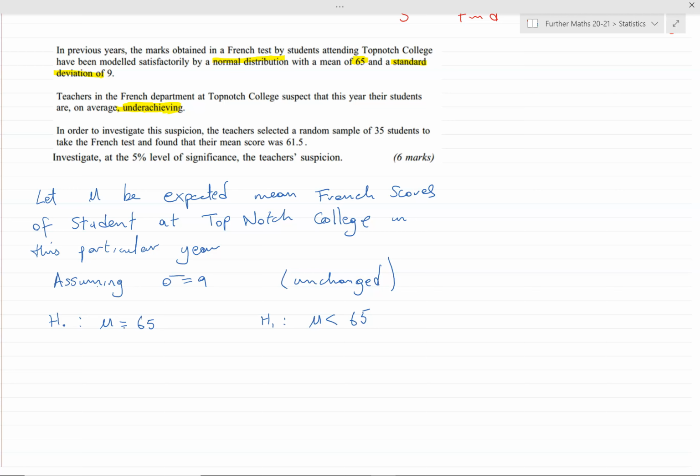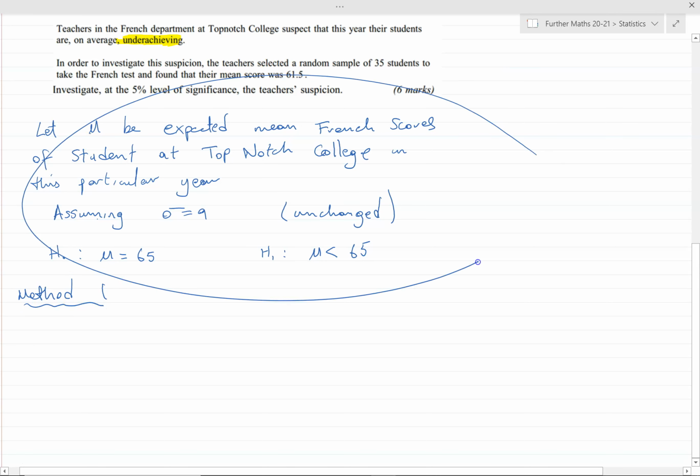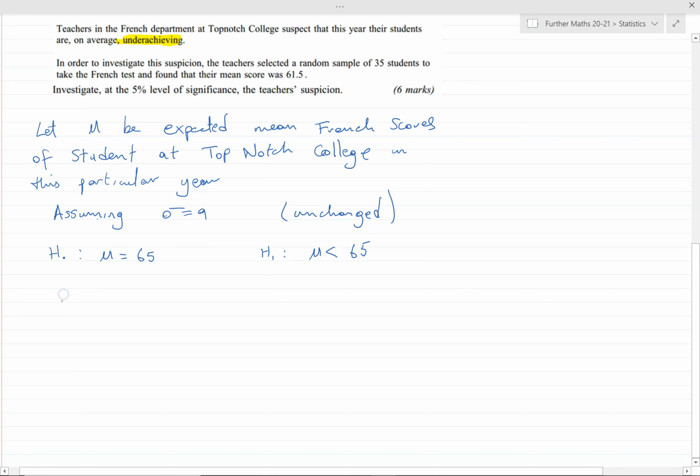Right, so let's do method 1 now. This bit would be the same for all 3 methods. Method 1 is the most basic one. In fact, I might slip this in before method 1.